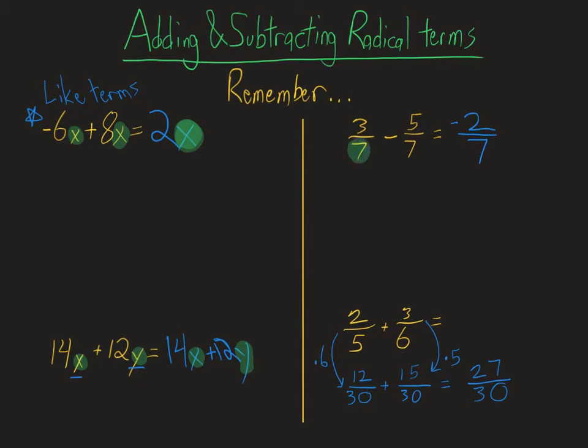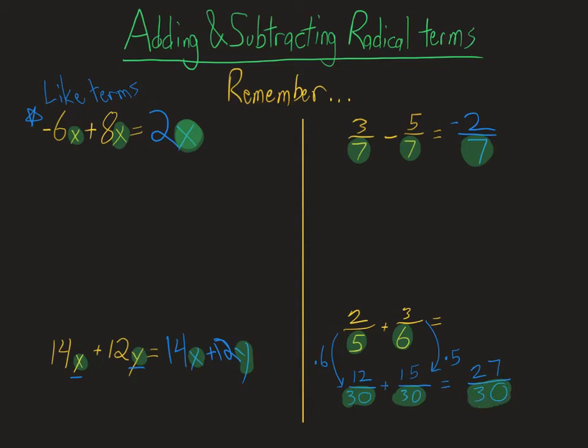Same thing with fractions. If they're like, I'm combining groups or taking apart groups of the same size, it works. I can figure out a new total or subtract some of those away if they're all the same size I'm working with. But if they are unlike in size, we either can't do it or we have to do some work to rewrite it into a like size, and then we can move on from there, okay?